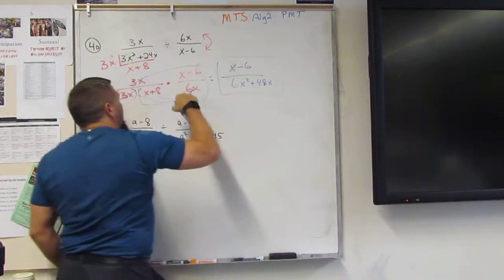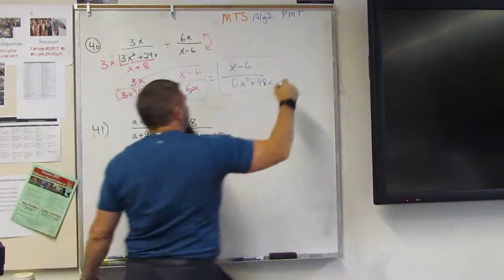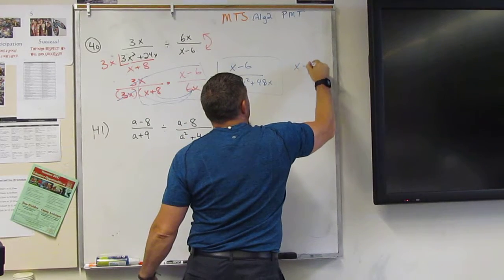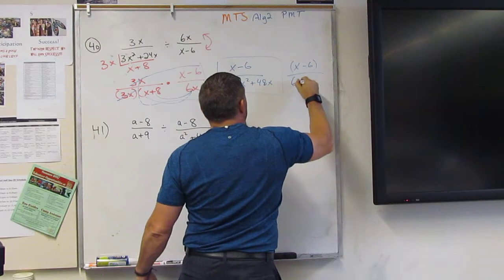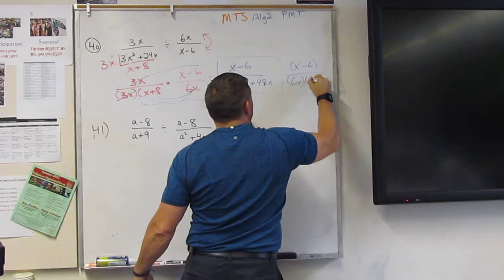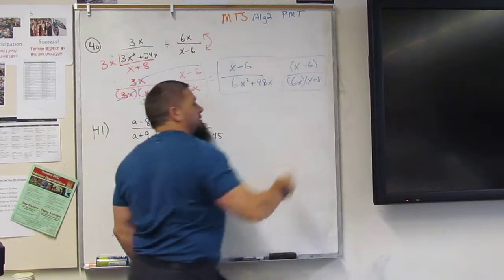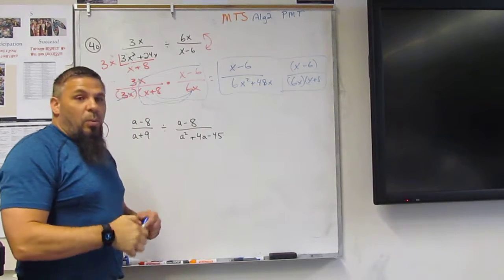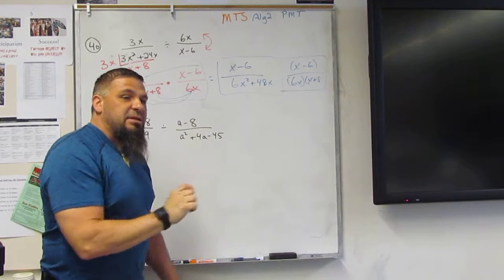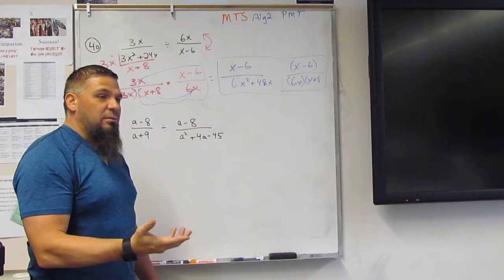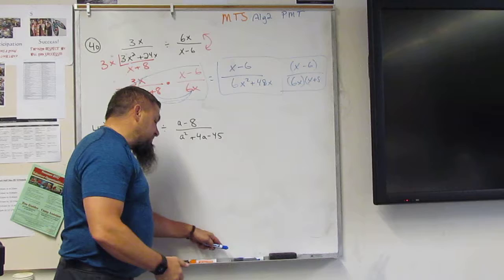They might want it like this, where it's just x minus 6 over 6x times x plus 8. Either one of these is right. It's just which one is going to be A, B, C, or D on the ACT or on the SBAC.